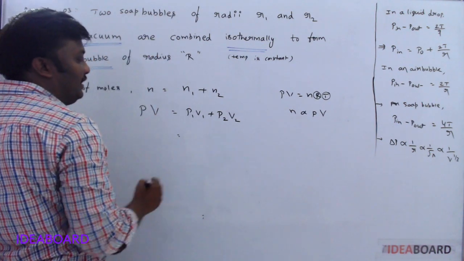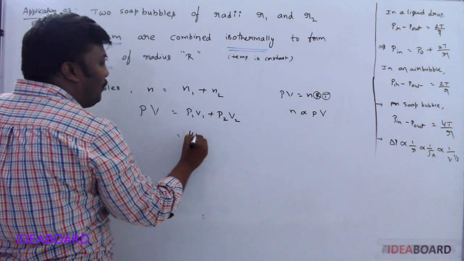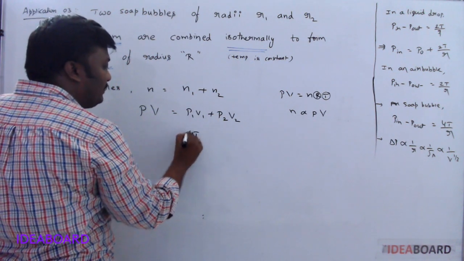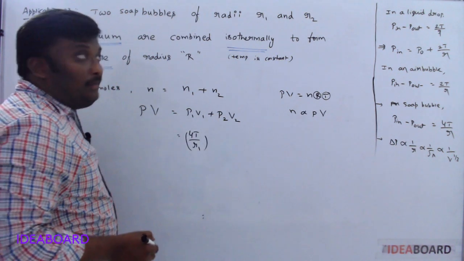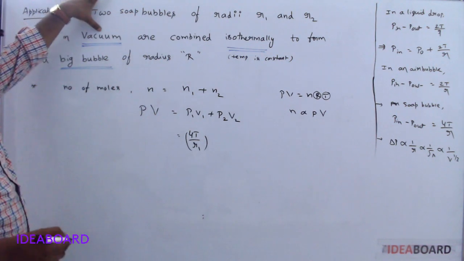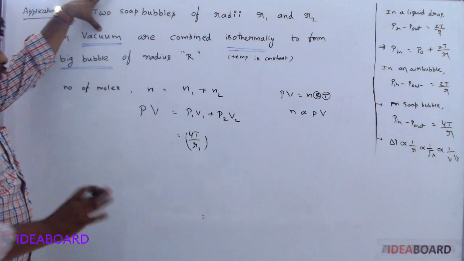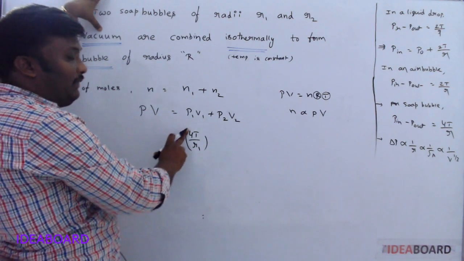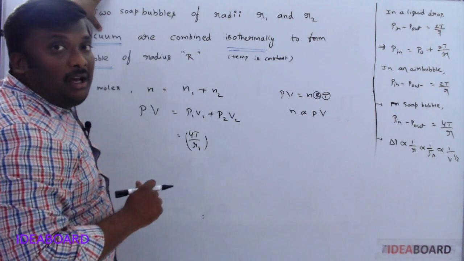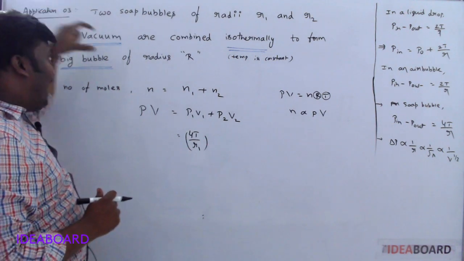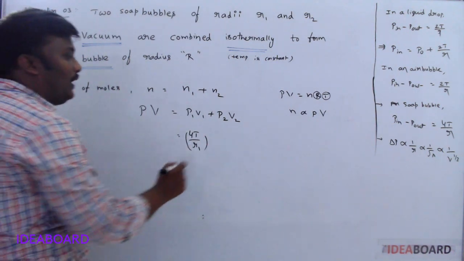Now let us see. The formula for the pressure is now only 4T by R1, because it is done in vacuum. If it were placed inside the atmosphere, the value of P1 would be P0 plus 4T by R1. But they are in vacuum, that's why 4T by R1.